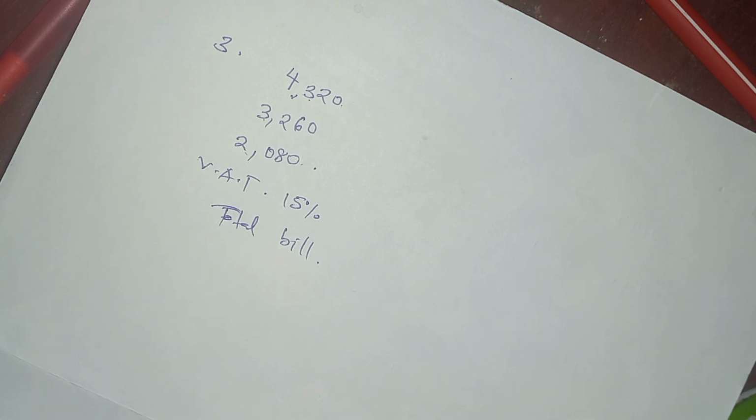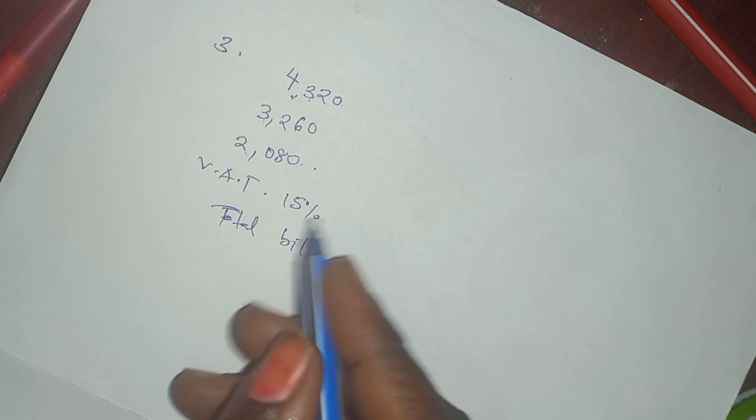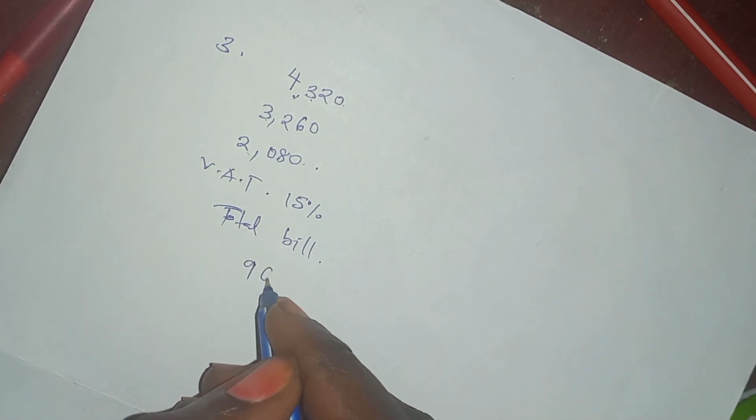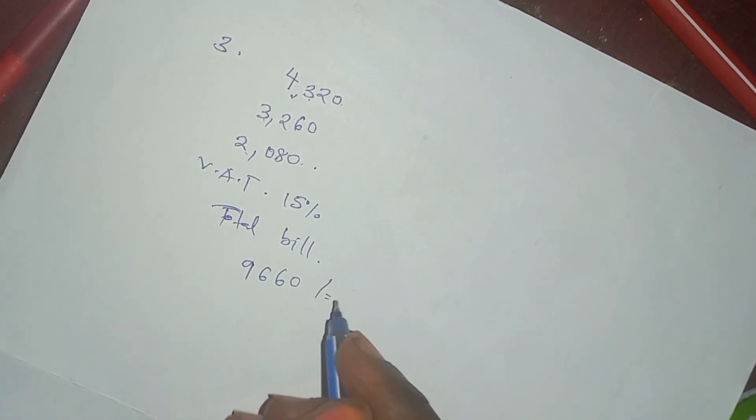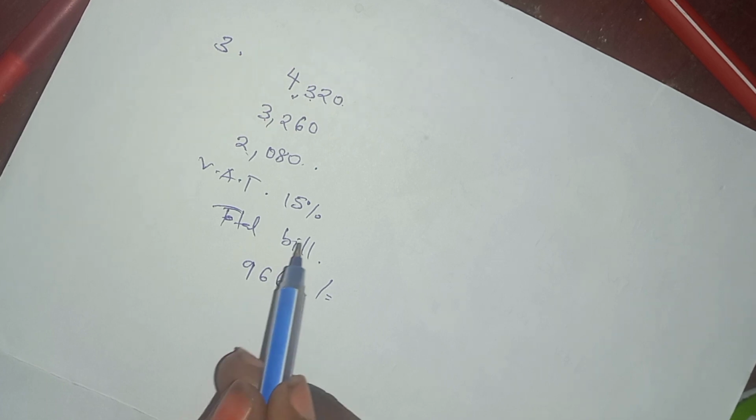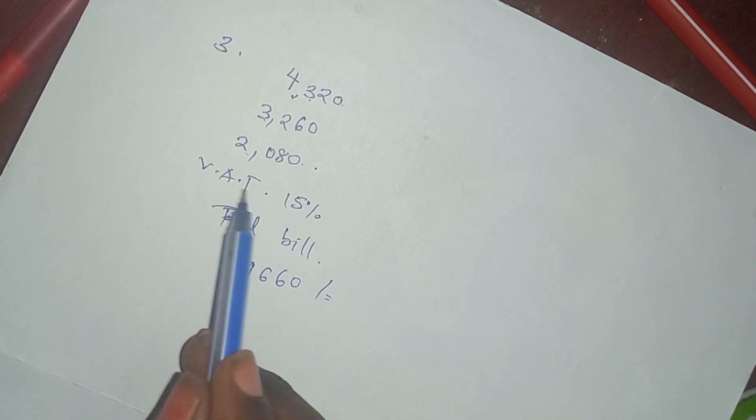What will you get? Let's see here very fast in the calculator. You'll get 9,660 shillings. This is the payment before adding the value-added tax.